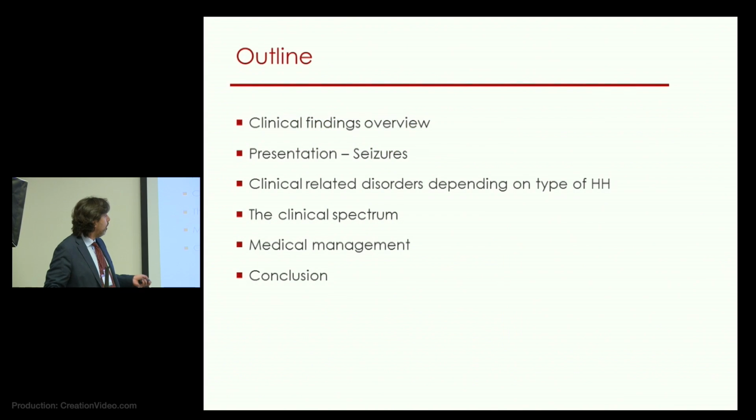The clinical findings overview will be the first part of the speech, and then we will move on to the presentation and examples of seizures, and we will say something about the clinical spectrum that has already been pointed out. The last part will be dedicated to the medical management. That is very few things, but something is to be pointed out anyway.